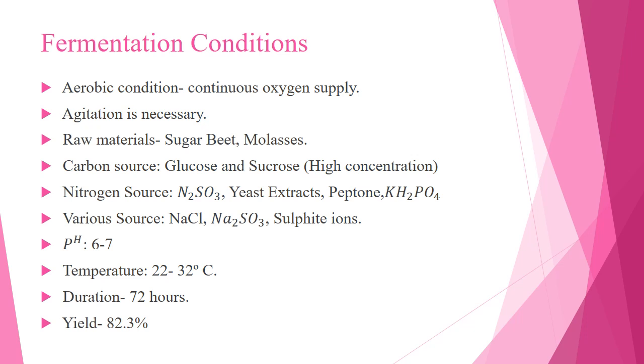Nitrogen sources include disodium sulfate, yeast extract, peptone, and potassium dihydrogen phosphate. Various sources of sulfate ions and NaCl. The best pH for the production of glycerol is 6 to 7. The optimum temperature is 22 to 32 degrees Celsius. The entire process takes 72 hours. The yield is 82.3%.